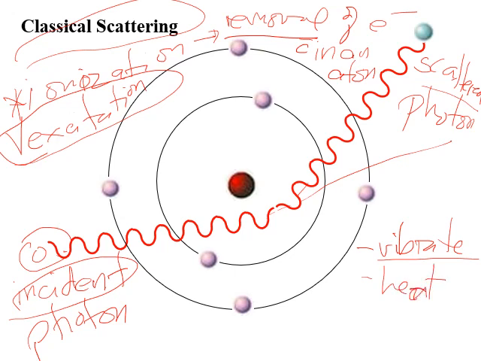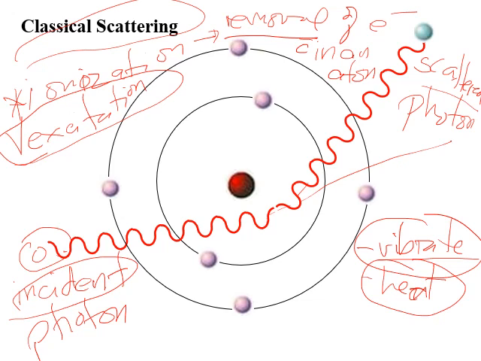So, nag-blush ka. Okay? So, dumaan lang siya. It causes excitation. So, this atom will vibrate and it will cause heat. And it will go out of the atom. So, lalabas lang siya but in different direction na.